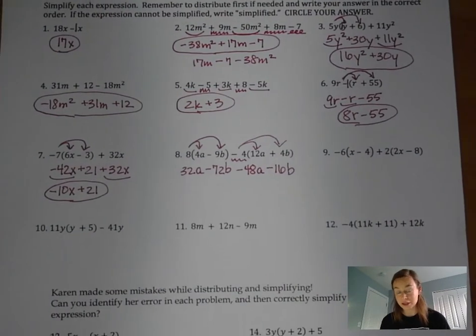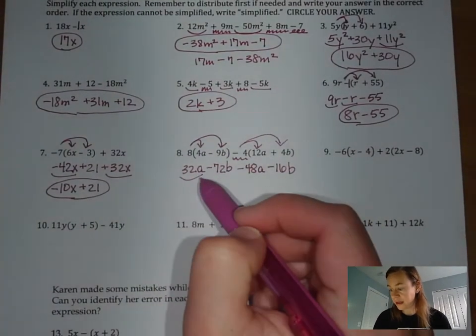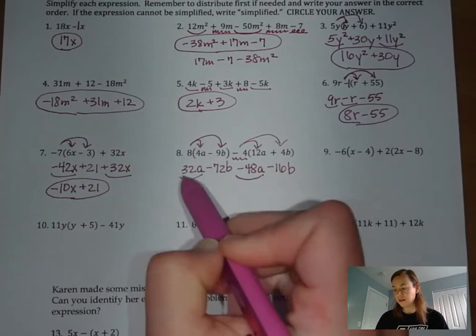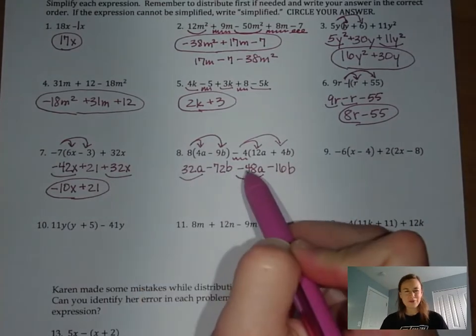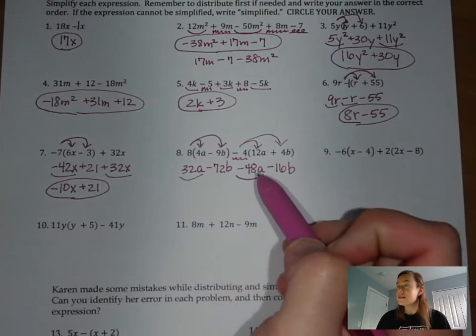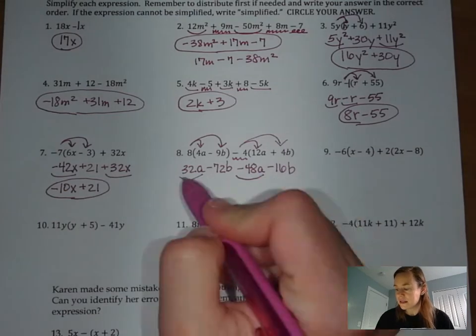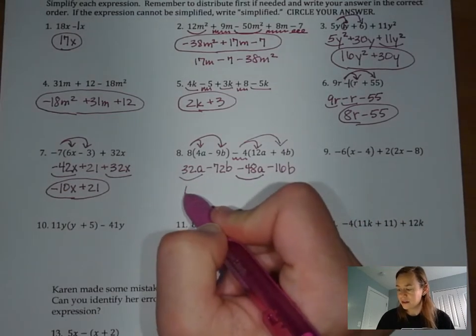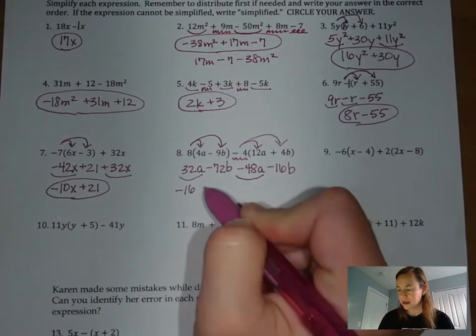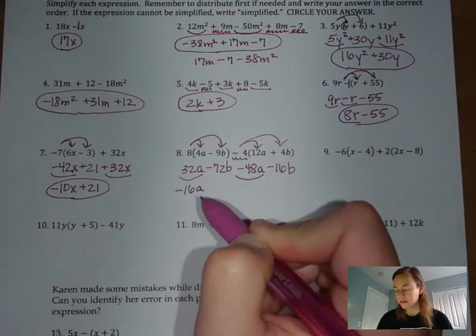Now let's combine our like terms. So we have 32a minus 48a. All right, so we've got positive 32, -48. Looks like we have different signs there, so we should subtract. Let's see, 48 minus 32 is 16. And then the larger number is the -48, so let's put a negative in front of that. And it's still got an a there.